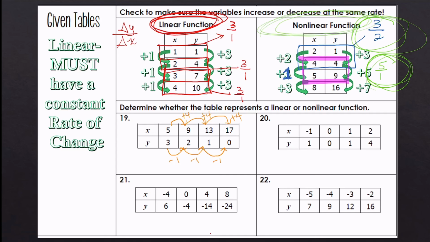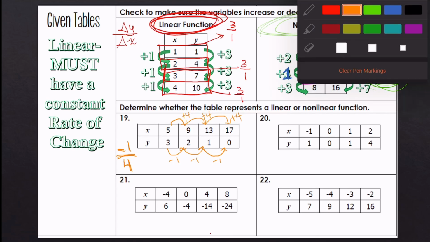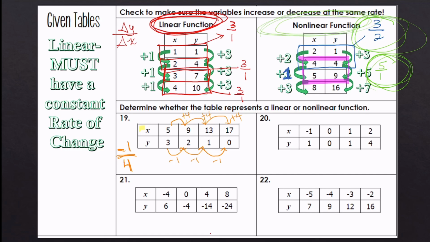Now, your slope would be the change in y over the change in x. So it's super important that you see this. These are all your x terms right here, and then these are all your y terms right here. So since from one change to the next change, it's the same, this is linear.